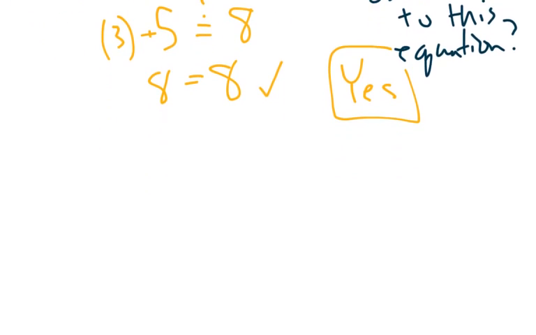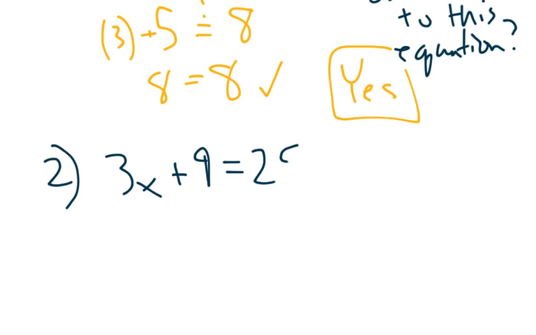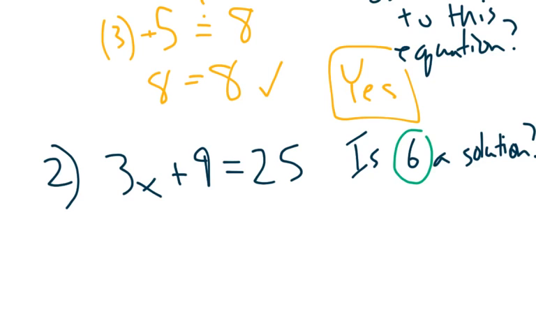Let's do a few more examples. Let's say 3x plus 9 is equal to 25. And now the question is, is 6 a solution? So what we'll do is we'll take 6, plug it into x, so here the parentheses come in handy.